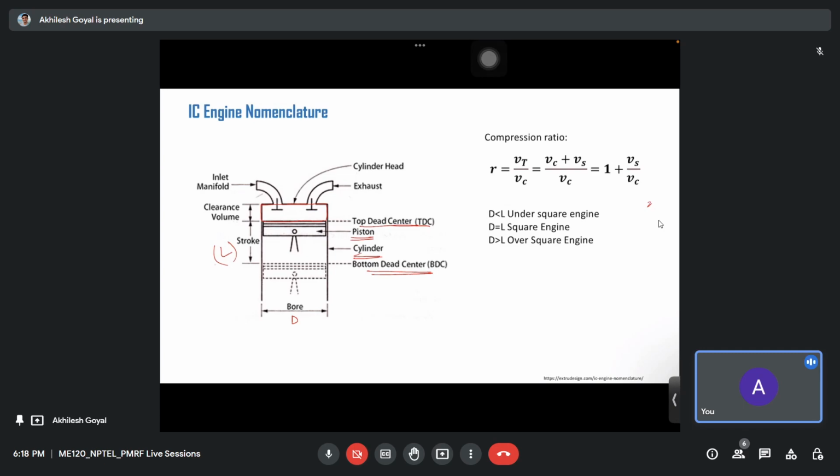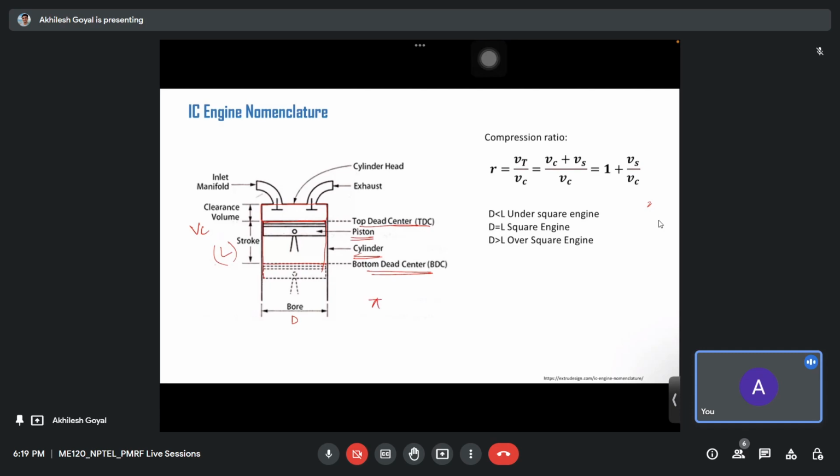One thing is clearance volume, VC, and the second thing is the volume that the piston covers during each of its strokes. That volume is from bottom dead center to top dead center, which is the volume of the cylinder between these two positions.